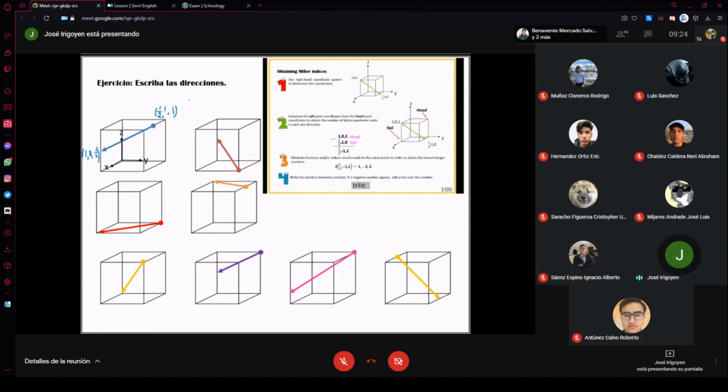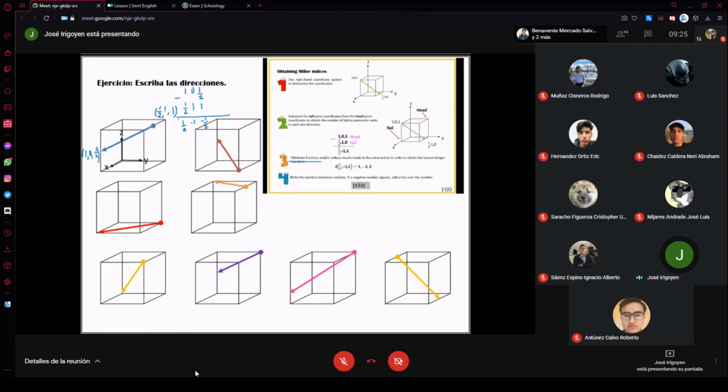So we're going to do the operation head minus tail. So you have 1, 0, 1/2, and this minus 1/2, 1, and 1. So 1 minus 1/2, you have this, you have this, and also minus 1/2. Okay, now because we have fractions, we need to eliminate the fractions.